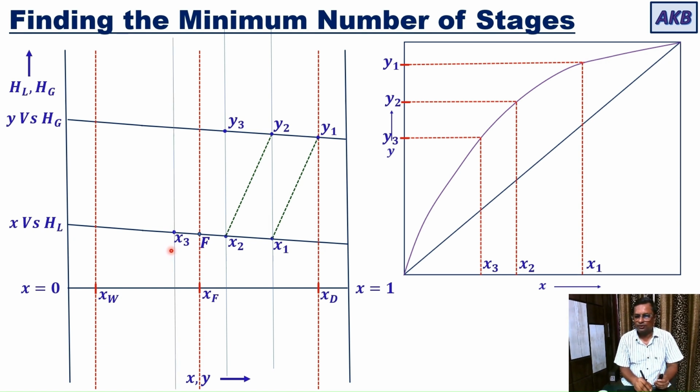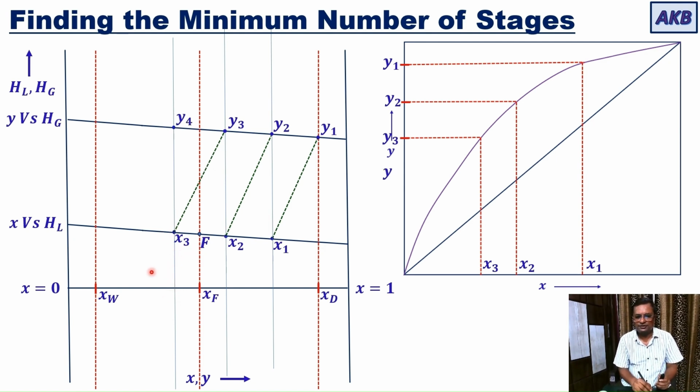Locate X3 over here and draw the vertical line. Again, there is no line through F, delta D and delta W, because it will be a vertical line, since both delta D and delta W are located at an infinite distance. So again you just have to draw a vertical line through X3.